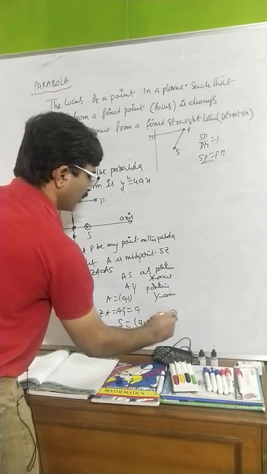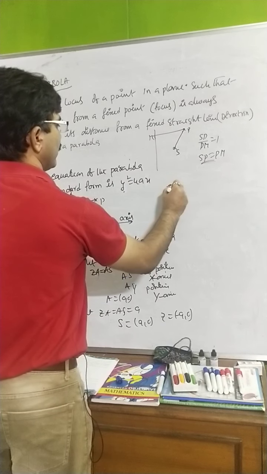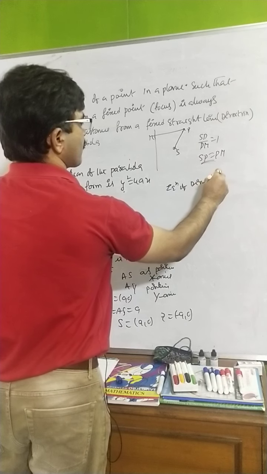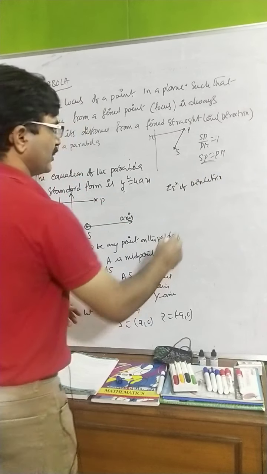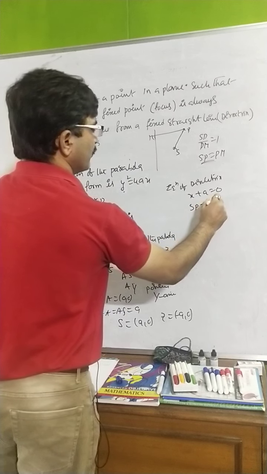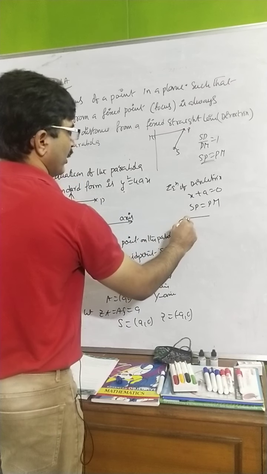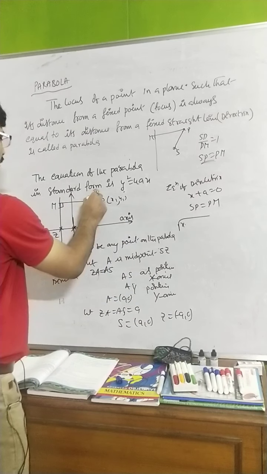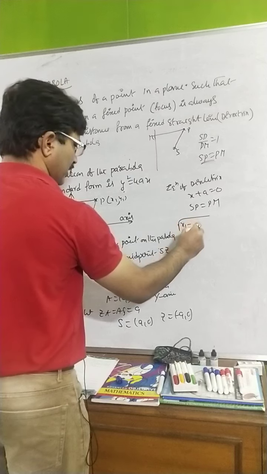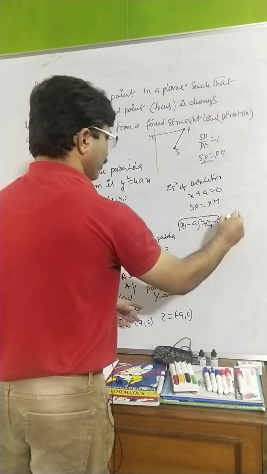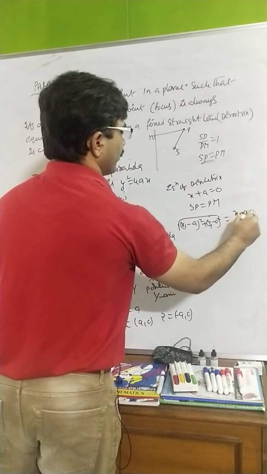And the equation of the directrix is x plus a equal to 0. According to the definition, SP is equal to PM. Take P as x1, y1. Then the square root of x1 minus a whole square plus y1 minus 0 whole square is equal to PM, which is x1 plus a by root 1.